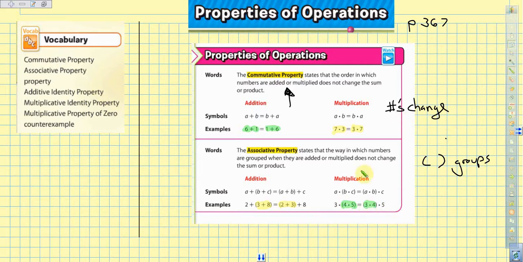So instead of the numbers changing, when I'm dealing with the associative property, the parentheses change. That's how I know that it's the associative property. I look and say, oh, look, my parentheses changed. The numbers inside them changed. Oh, look, my numbers have changed. They flipped. So when you're doing these problems, that's what you're going to look at.